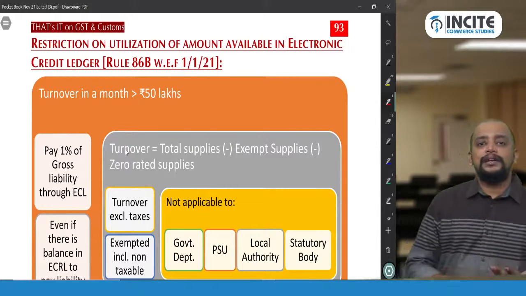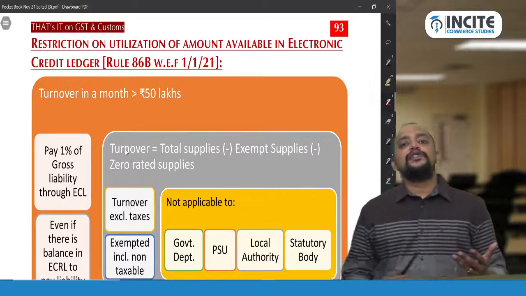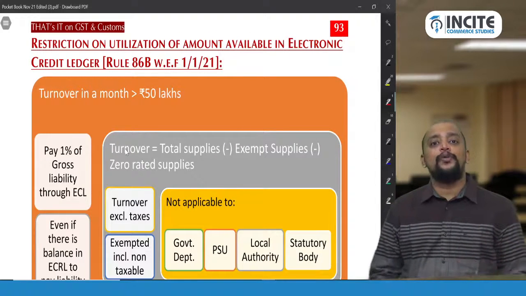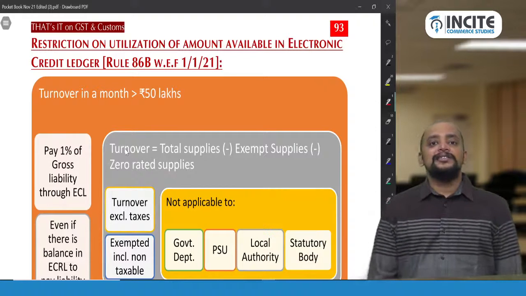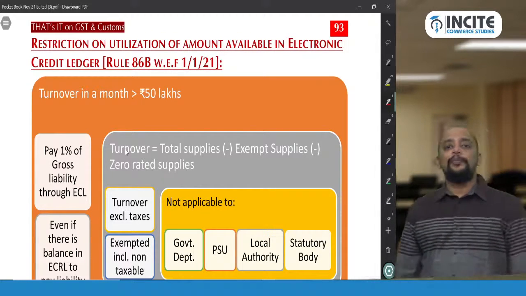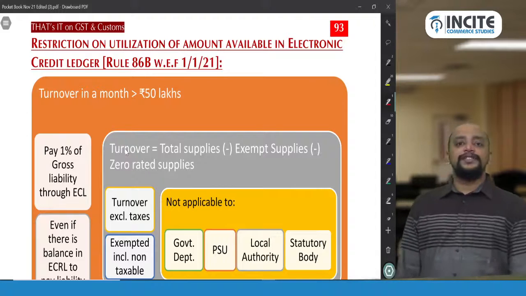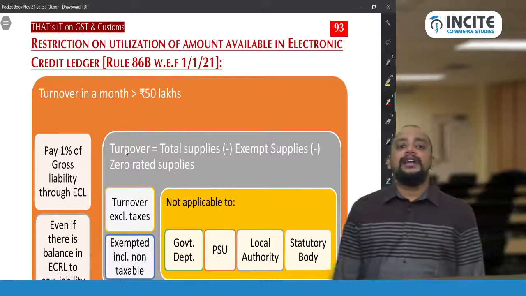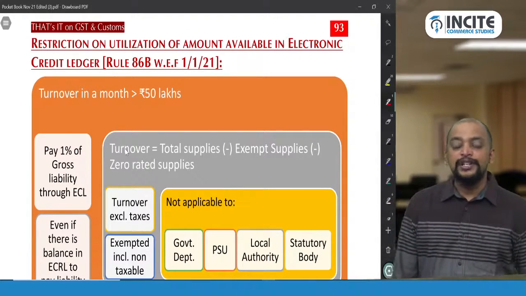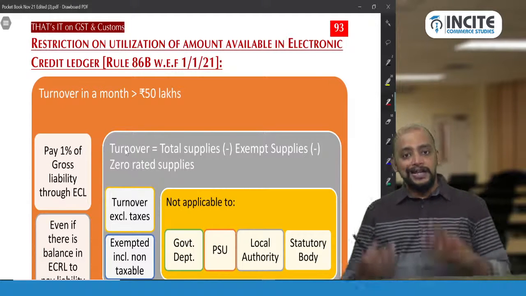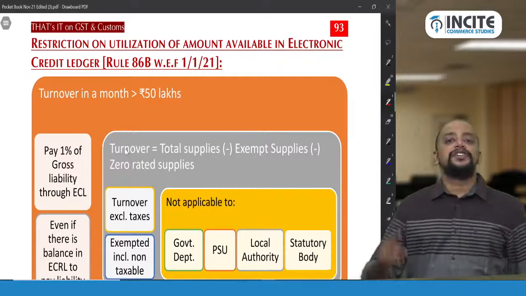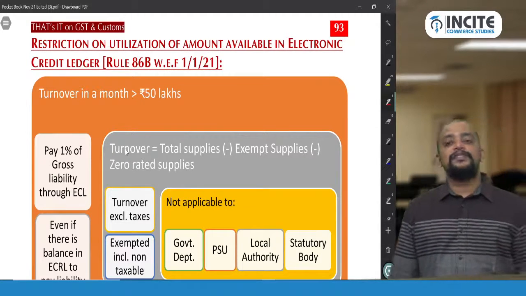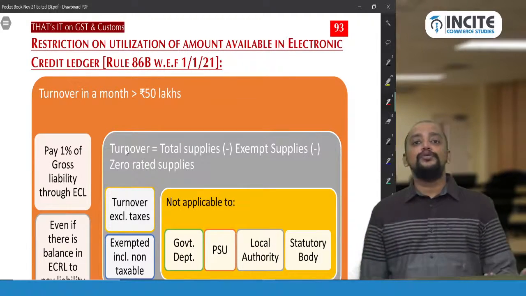If the supplier is missing, or the supplier is not doing business from the place where they obtained registration, or if the recipient who availed the ITC is not doing business in the place where they obtained registration, or if the invoice is missing, or if they have availed the ITC without actual receipt of goods. In these cases, the ITC that the recipient has taken can be suspended by the proper officer for a period of 1 year. That power is there with the proper officer as per rule 86A.